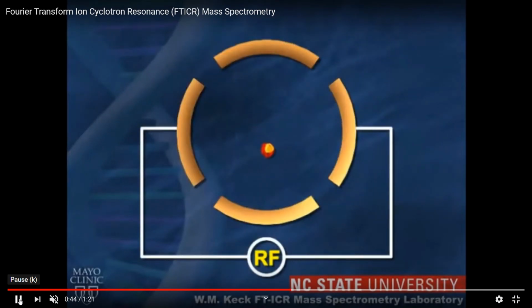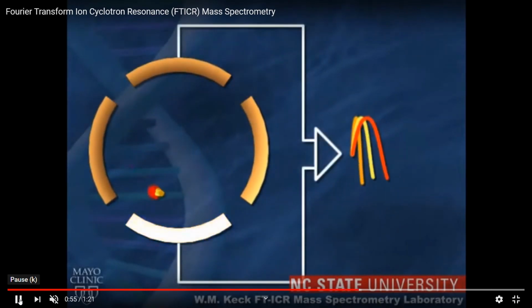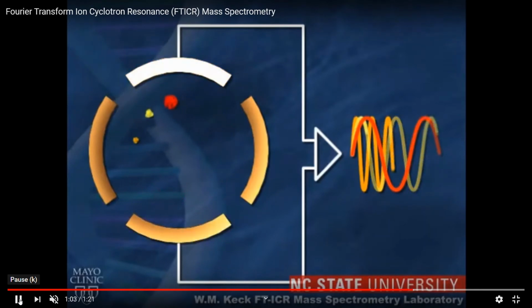This is the center of the cyclotron. We are going to apply an RF voltage to these electrodes, and that's going to induce the ions to cycle in the magnetic field.